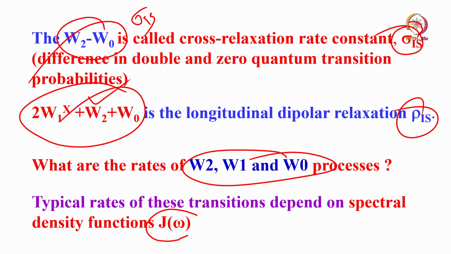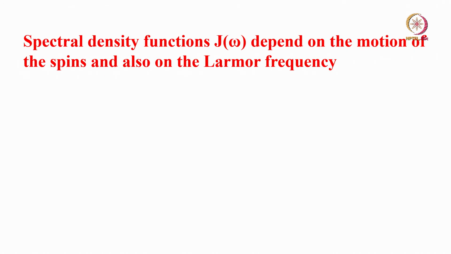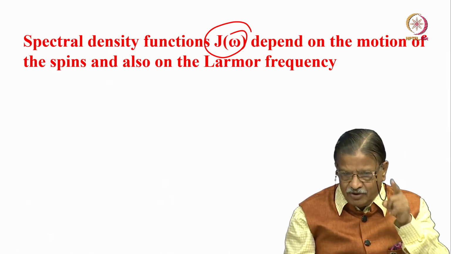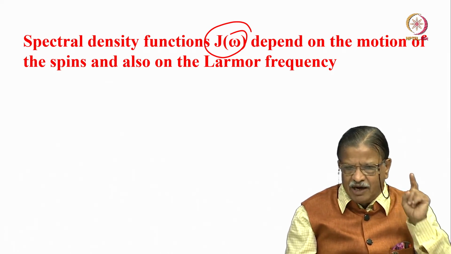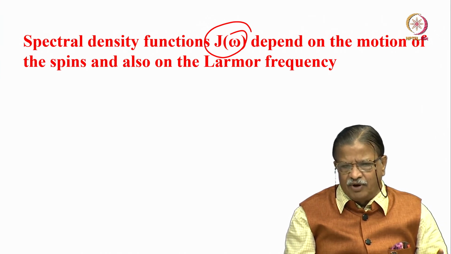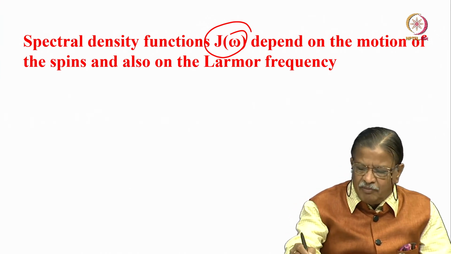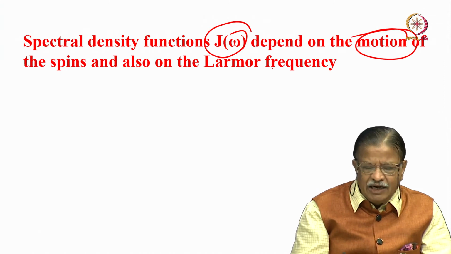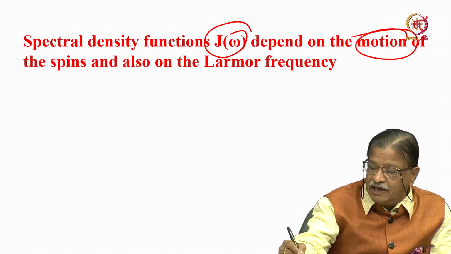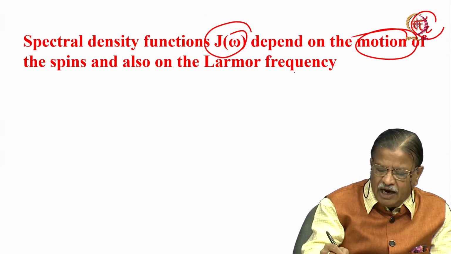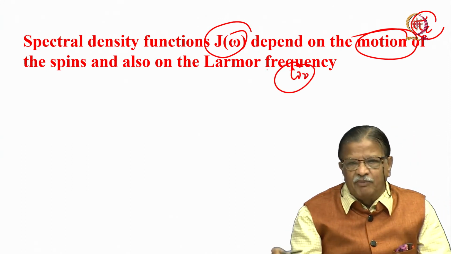You remember that? The spectral density function J omega depends on the motion of the spins and also on the Larmor frequency. We also found out it depends upon both molecular motions and Larmor frequency, that is, tau c and also omega 0.